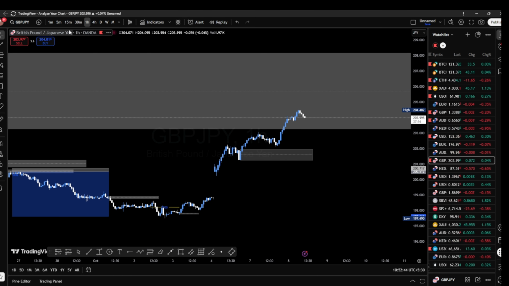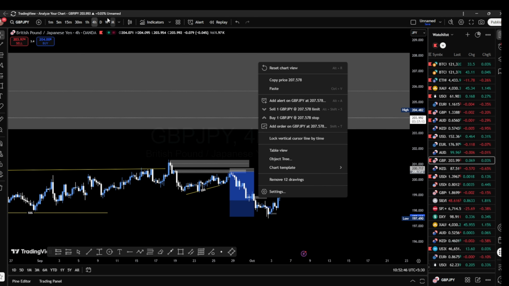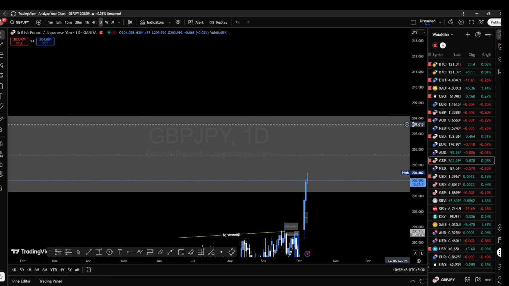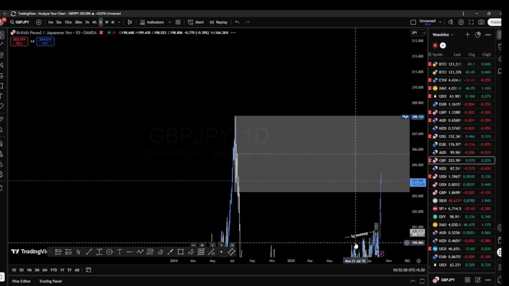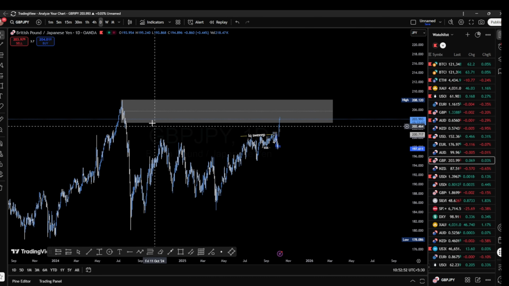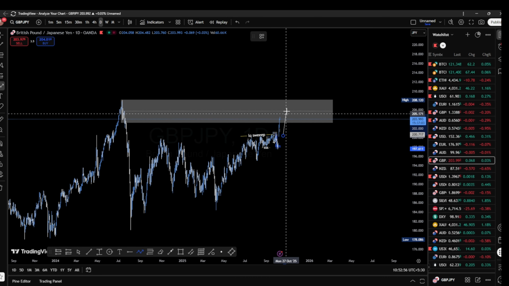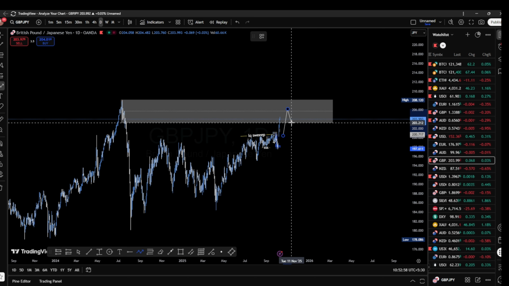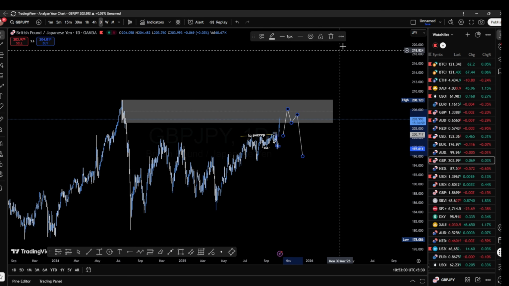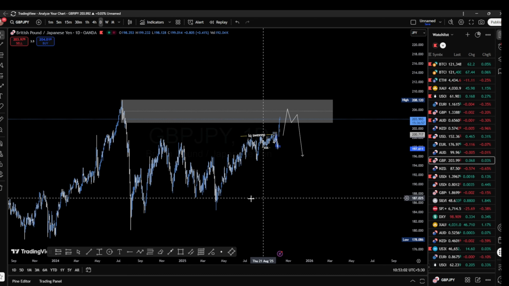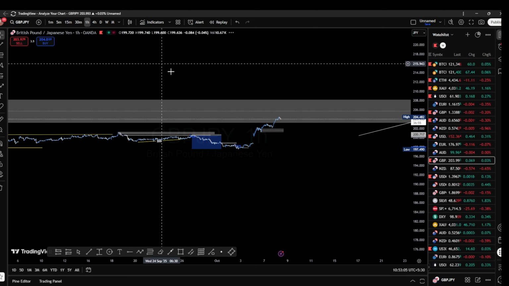So right now, what can we do? Let me show you. This is a supply level. The market can come here in the daily time frame, do some retracement in the short term, go downside and hunt all these liquidities on the downside.